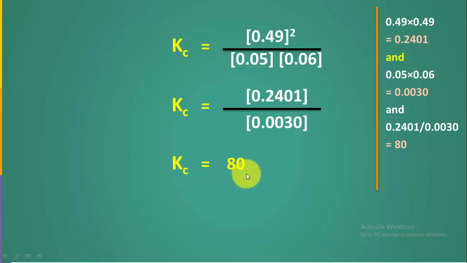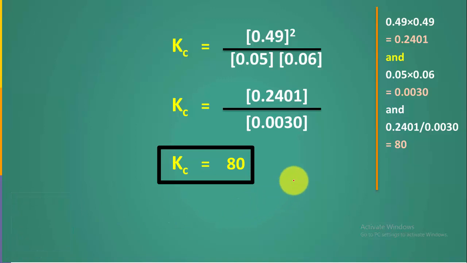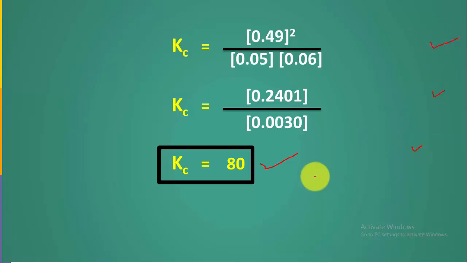So we have found the value of the equilibrium constant of this reaction, and that is 80, and it does not have a unit, because when you calculate the units, the units cancel out each other. So this Kc value has no units. Dear students, for your understanding, I solved the calculation of units of Kc.